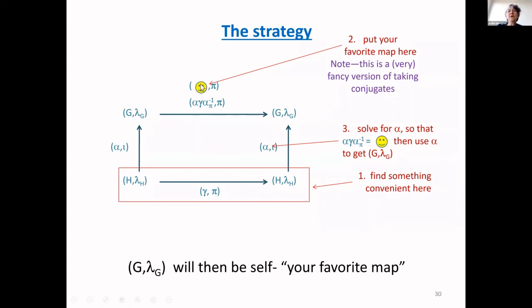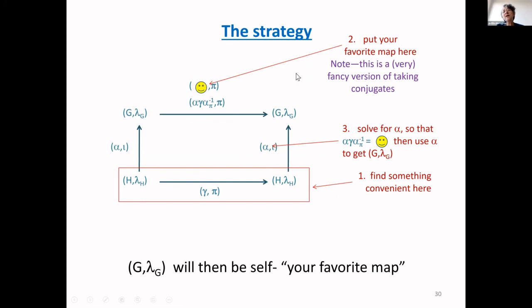Then up here, you put your favorite map. You say, oh, I want to find self-Petrie graphs, or I want to find self-dual graphs, or I want to find what we were originally looking for, these self-trial graphs. So you put that here. You put delta, delta, delta here, or you put tau, delta, tau, delta, tau, delta here.